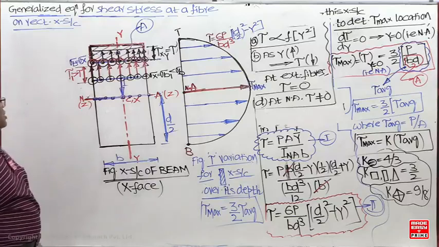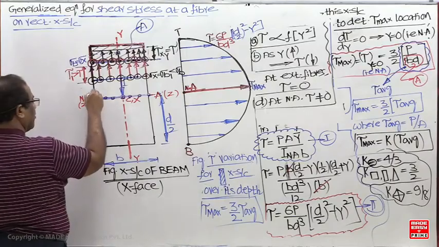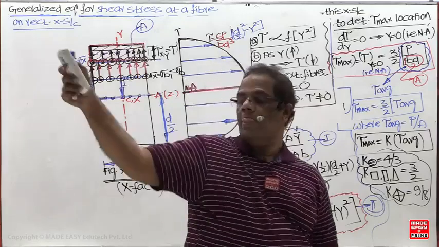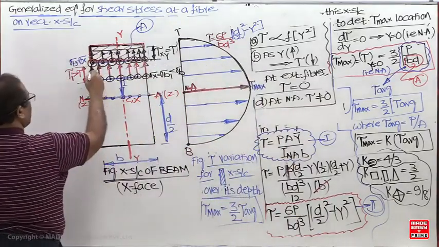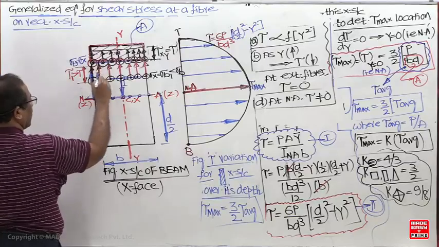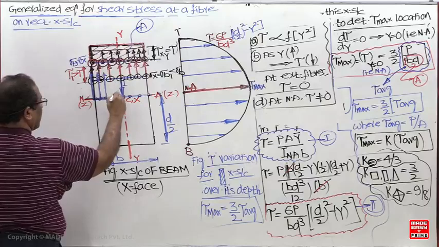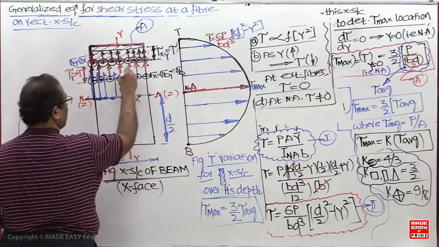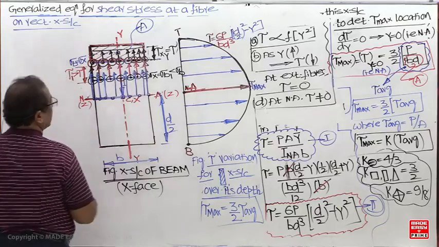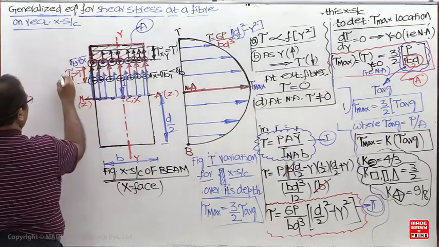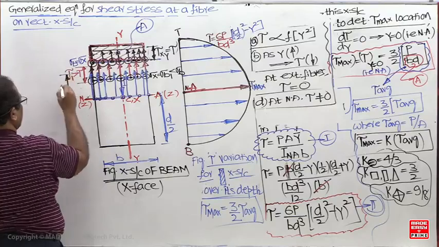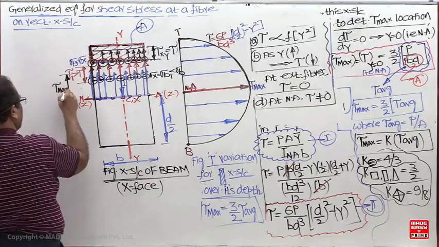So always in a fiber both bending and shear are present. And here this will be tau max.